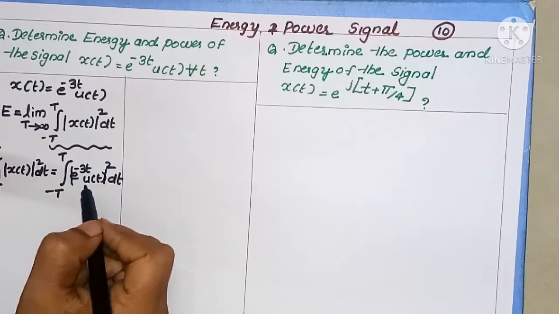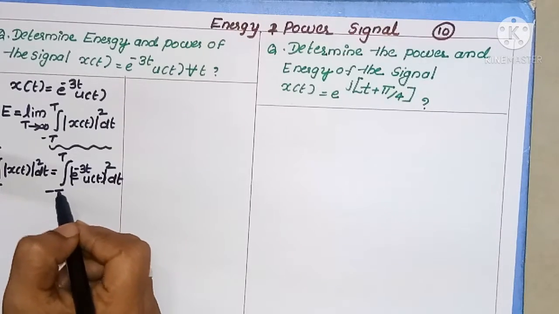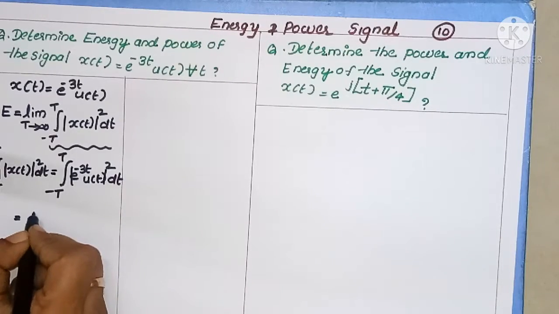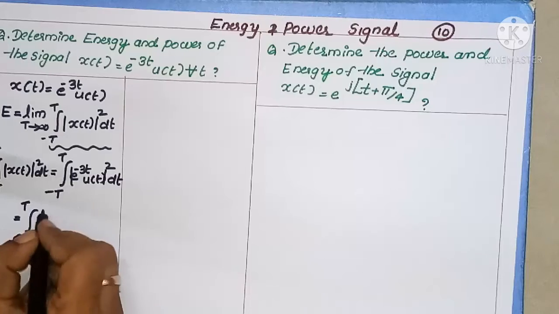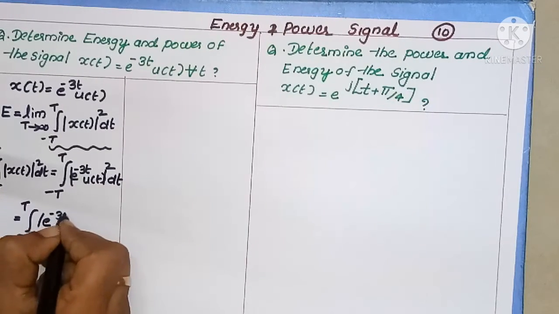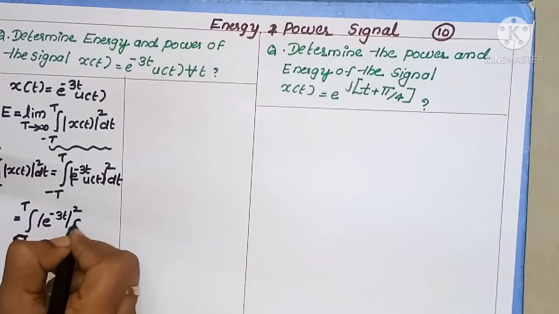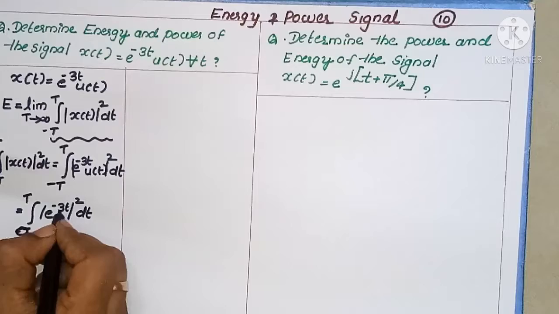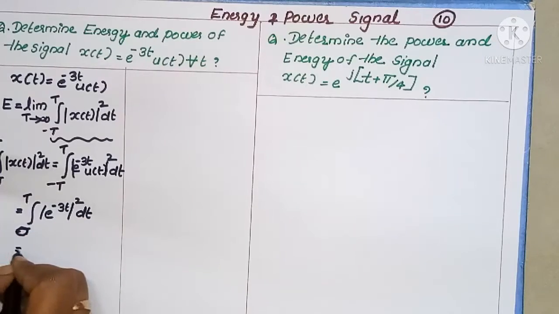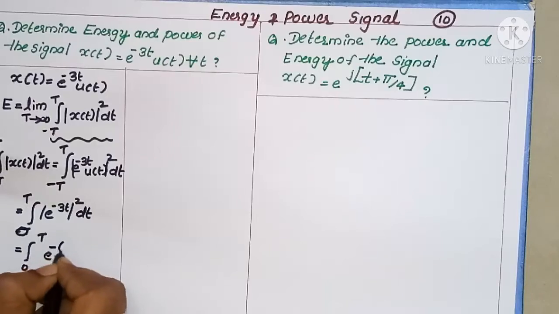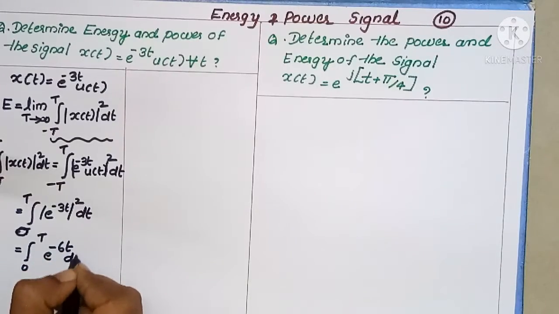It has values only from 0 to infinity, so we can change the limit to 0 to t, modulus of e raised to minus 3t square dt. Then multiply minus 3 into 2, and we can write the integral of 0 to t e raised to minus 6t dt.